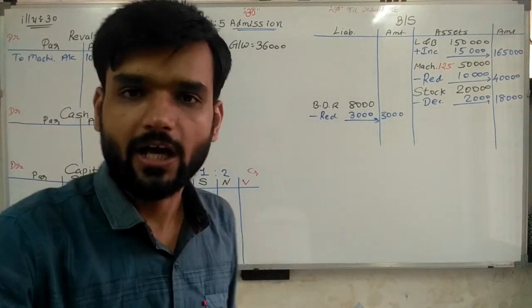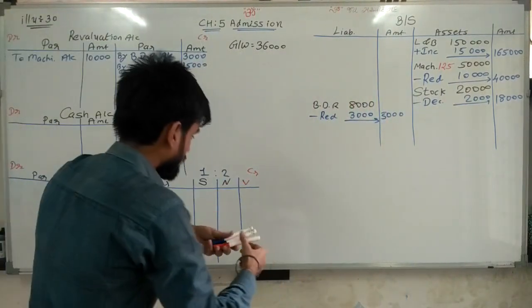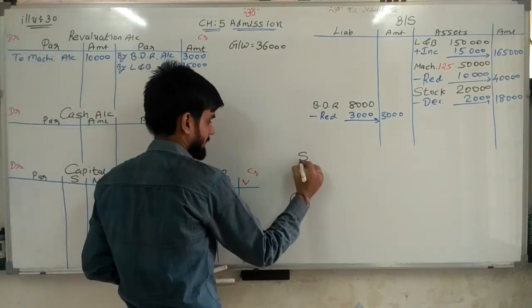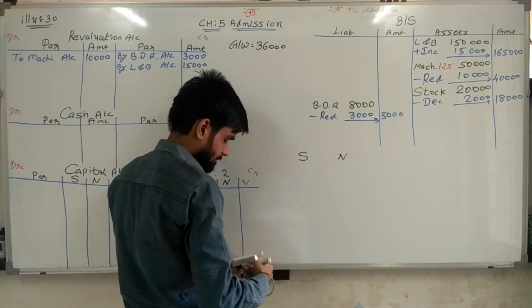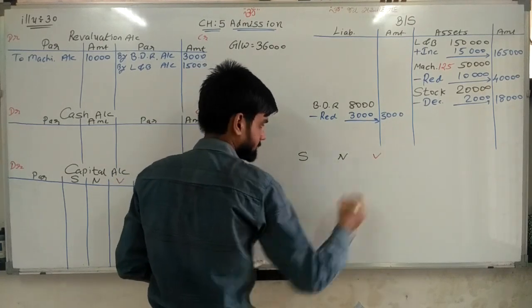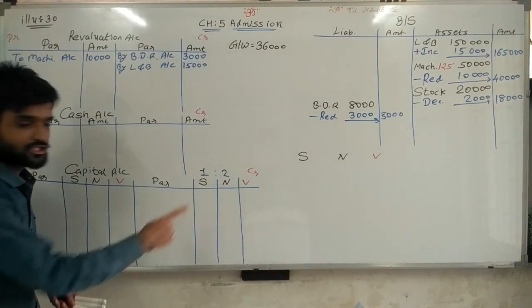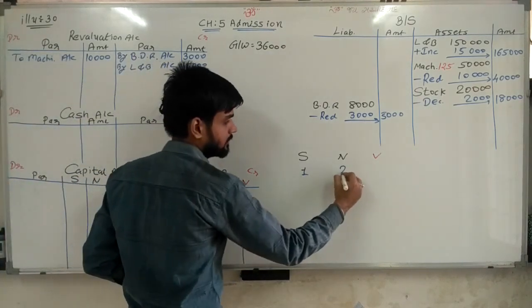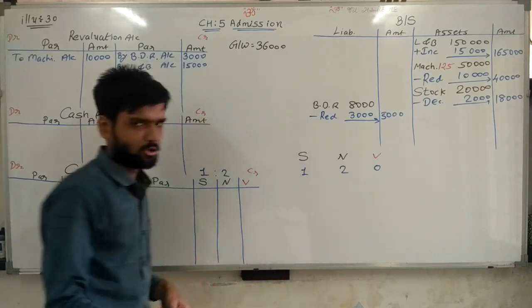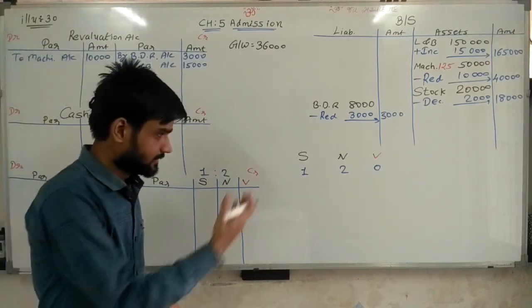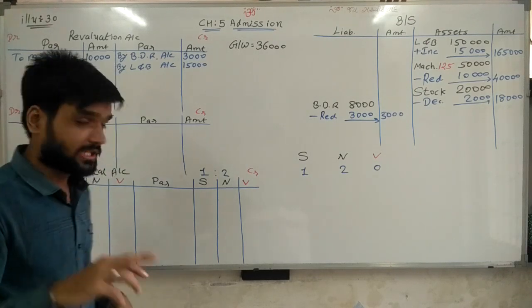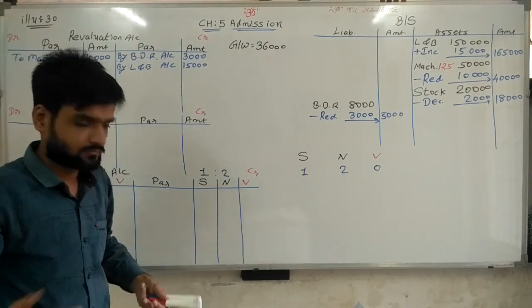So see and understand. First of all, I am writing the names of partners as S, N and V. Now the ratio of S and N is 1:2. So writing 1:2. But here 0. Vijay is a new partner, we are not writing his ratio in the old ratio.